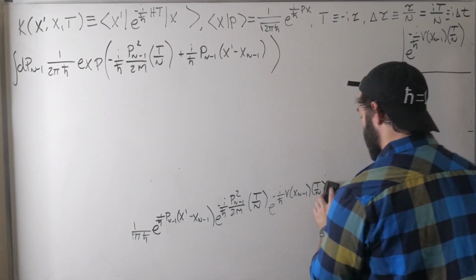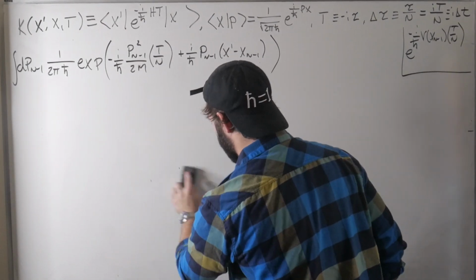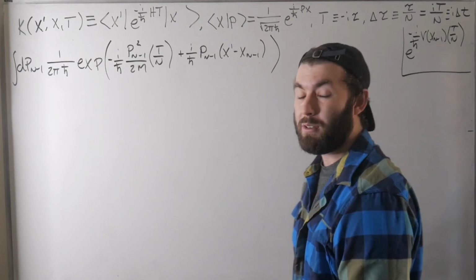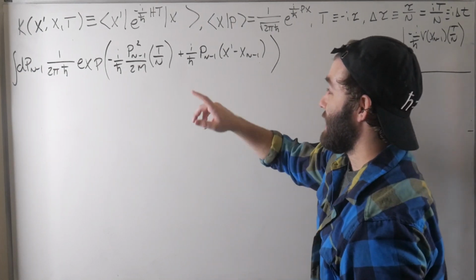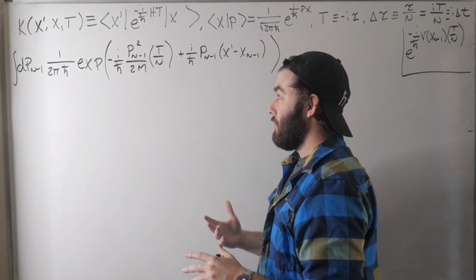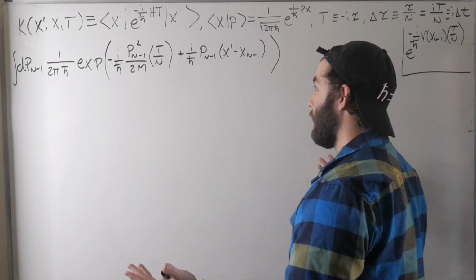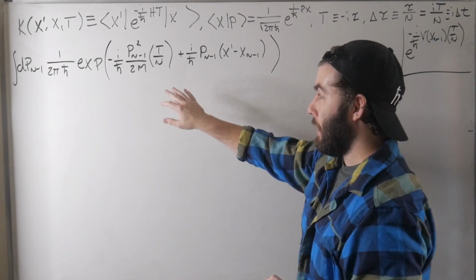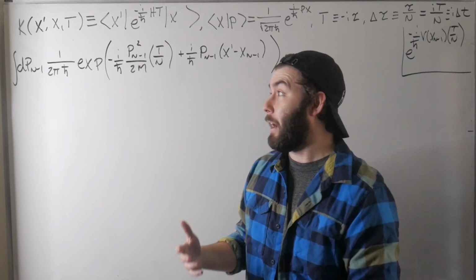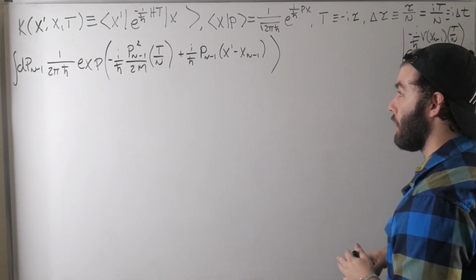In my opinion, this is the most important part of the derivation, because a lot of things start to come into question here. For one, how do you do this integral? And as I'll tell you later on, the fact that we're able to eventually do this integral is what saves the path integral, because it makes it actually converge.